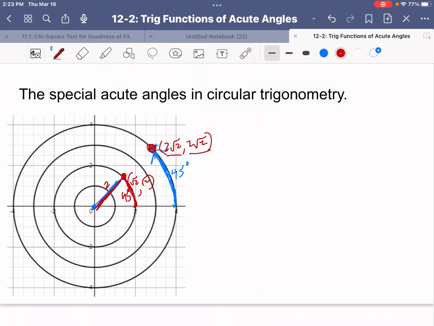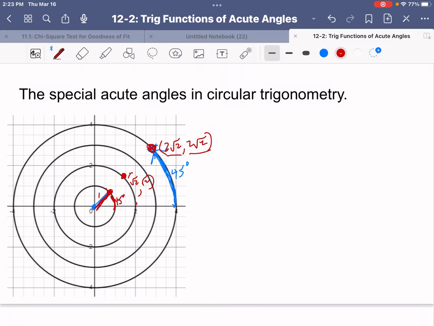Okay. Now, suppose that I erase some of this and go back to the circle that has a radius of 1. Well, what is this point that corresponds to 45 degrees of rotation?